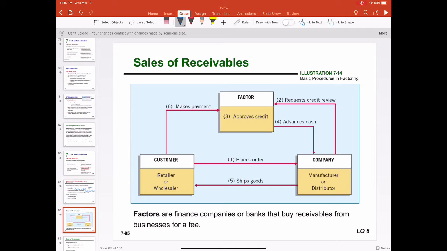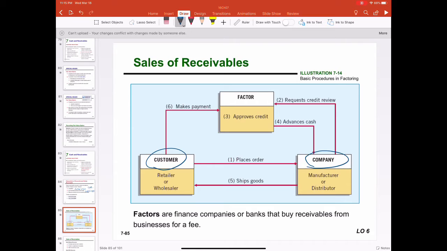First, the sales of receivables. We know receivables are generated from trade in most cases, so they represent the relation between the customer and the company who is the seller.